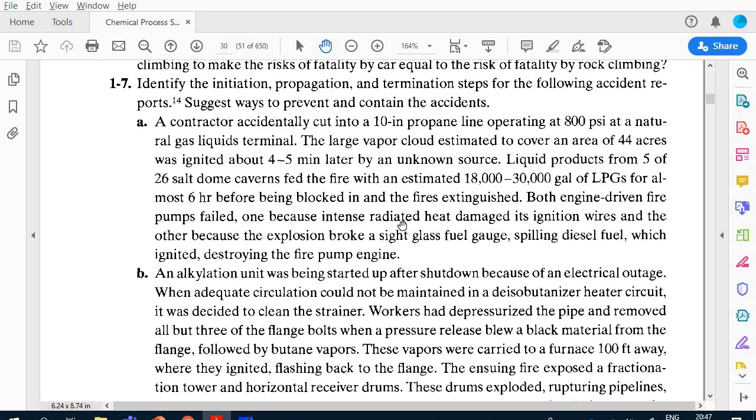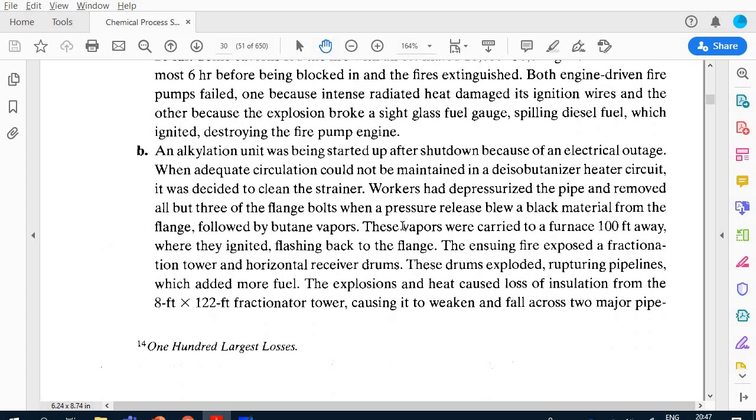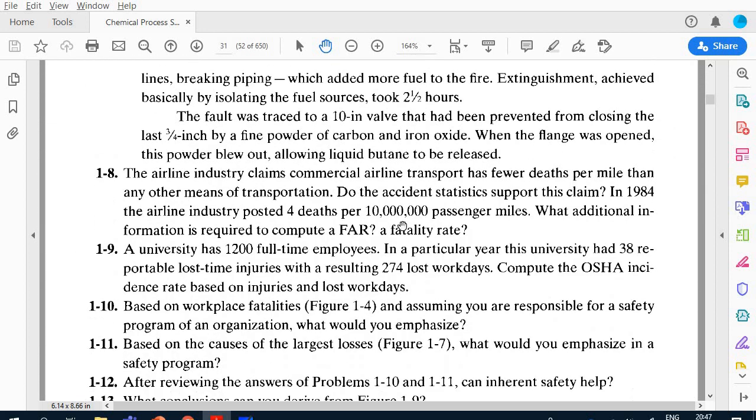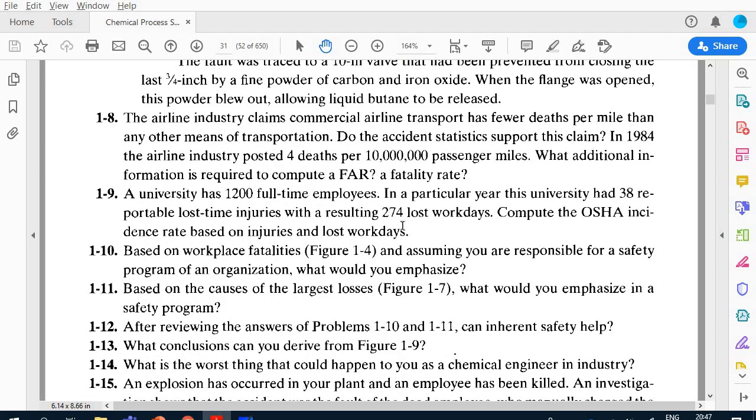Great. So that was the solution of 1.7 for part A, and it's a good chance for you to read part B. I'm just leaving things for you because it helps a lot for you to go through the solution by yourself.